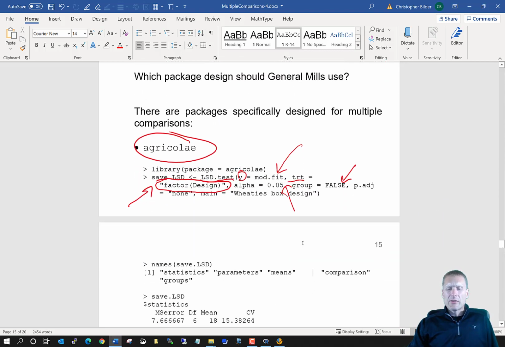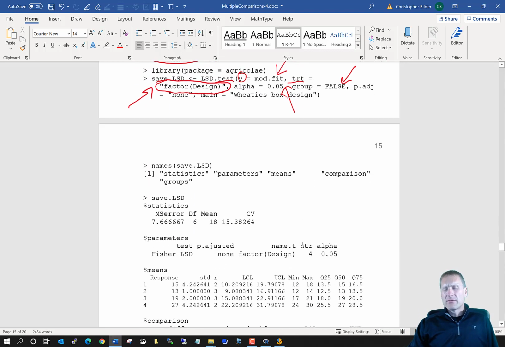You're welcome to take a look at it, but I think it's instructional for us to be able to do these kind of diagrams on our own. Then P.ADJ stands for p-value adjustment. There's none, meaning that I wanted to use Fisher's protected LSD, and just put a title to everything as well.